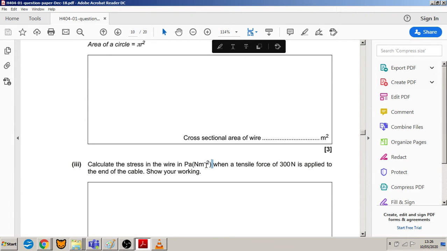So when it's asking for a question here, it tells you the units. Now that could be really useful because you should be able to work out newtons, that's a force. -2 here means per meter squared. So it's the same as n over m2. Okay, so that should be enough to make you realise that to get this stress you need to work out a force and an area and divide the two.